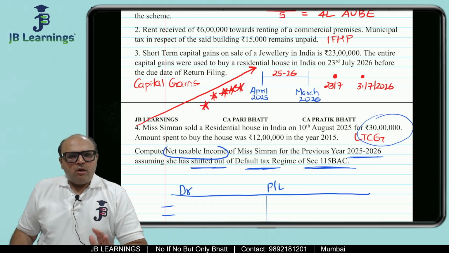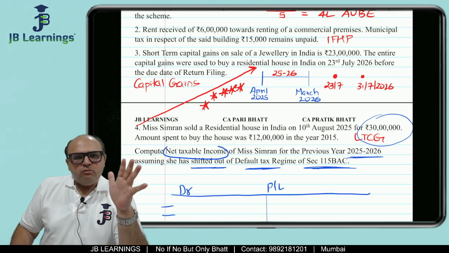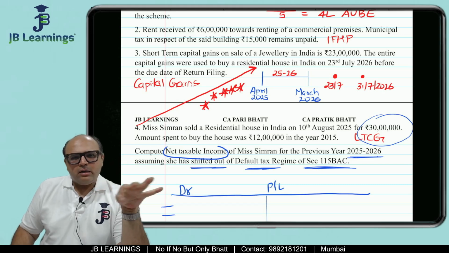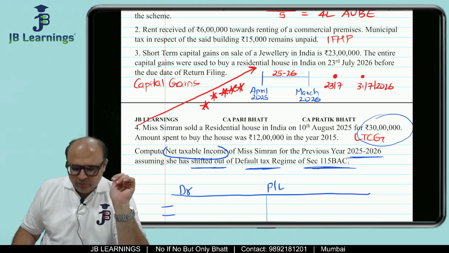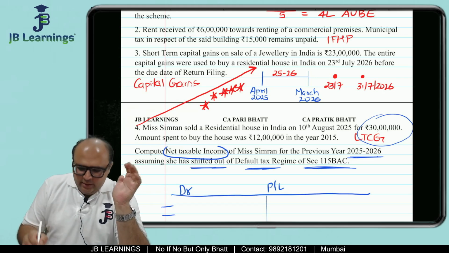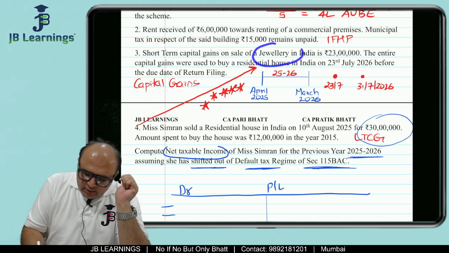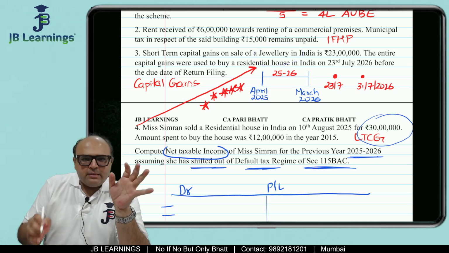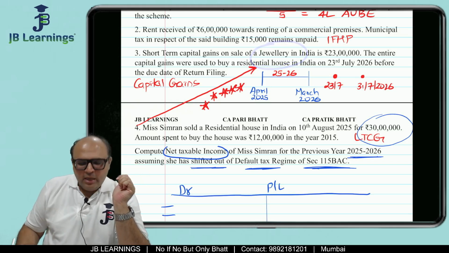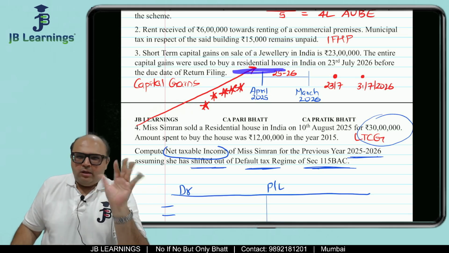Friends, as a chartered accountant, what is our duty? We have to do maximum tax savings for our client, our assessee, correct? Friends, what this person, Miss Simran, did was sell a jewelry and buy another residential house.